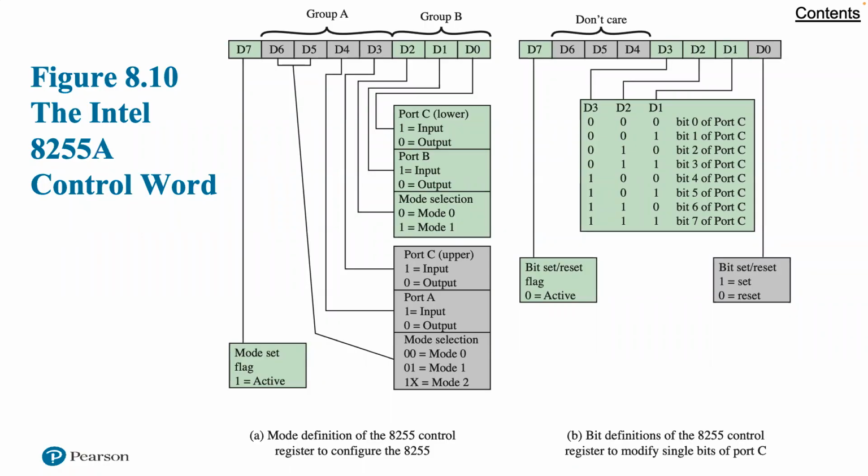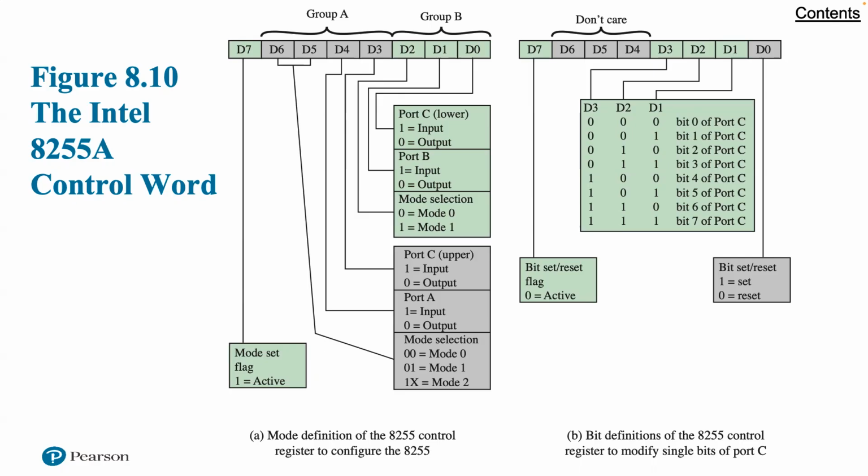Next, let's dig into the Intel 8255A control word. Thus, when the processor sets both A1 and A2 to 1, the 8255A interprets the 8-bit value on the data bus as a control word. When the processor transfers an 8-bit control word with line D7 set to 1, which we're seeing in this figure, figure 8.10A, the control word is used to configure the operating mode of the 24 I/O lines.